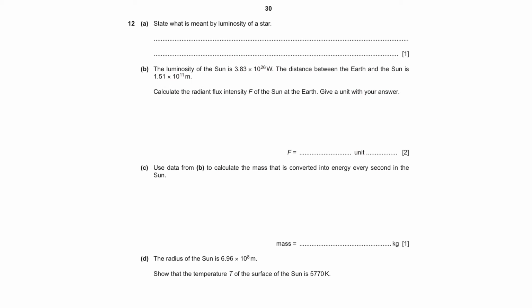Question 12 part A says, state what is meant by the luminosity of a star. The luminosity of a star is the total power of radiation emitted by the star, or the total power output of radiation by the star.